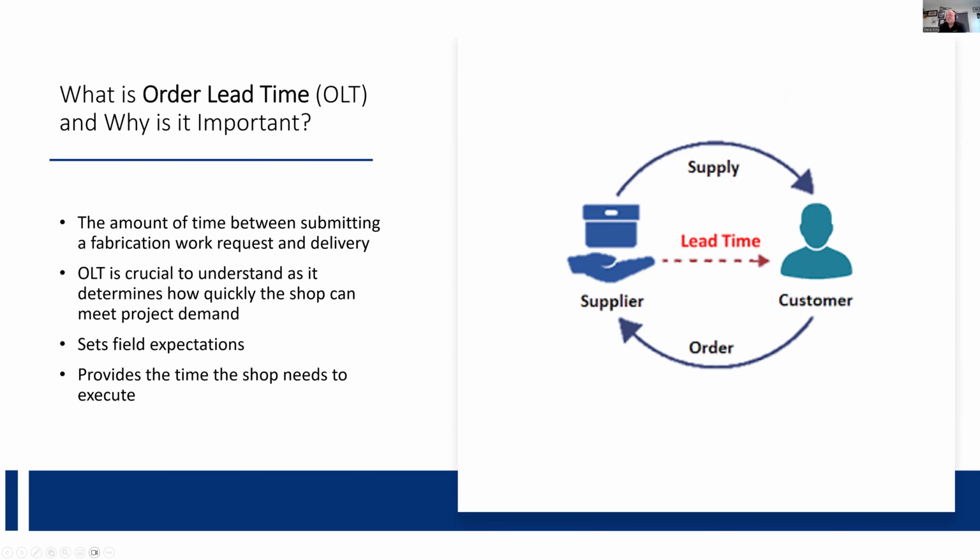The most important thing here, I think, for me was setting the field expectation. We've got a lot of people on the call that are not tracking that lead time at all, which means that it's probably not being communicated to the field because we just have no idea what it is.